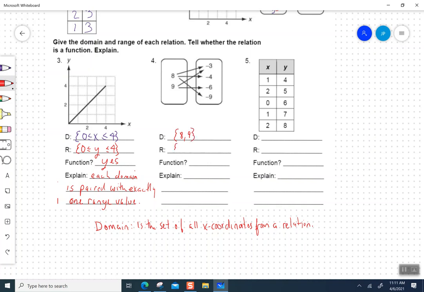But for my range, I have -3. Oh, I don't like the way they wrote this. This is going to drive me insane. Okay, let's do it right. Sorry, guys. Pet peeve of mine.